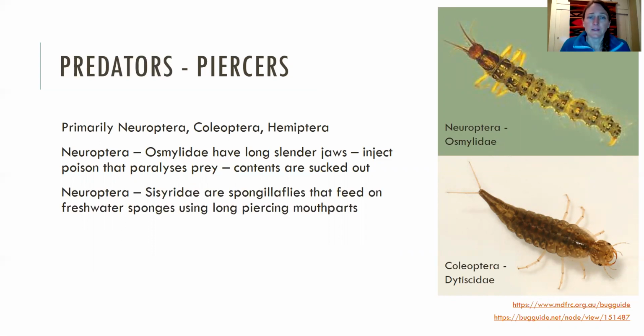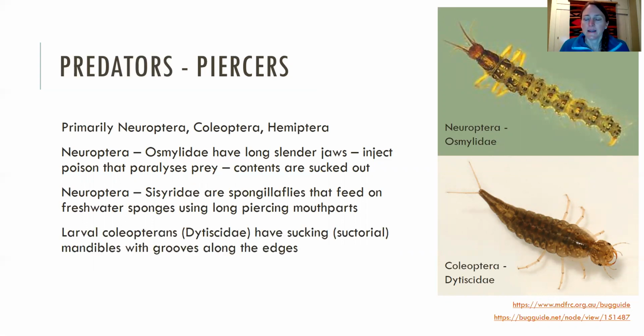There's also the spongilliflies in the family Sisyridae that feed on freshwater sponges, also using long, piercing mouth parts. And this Coleoptera, this beetle larva, Dytiscidae, has sucking or suctorial mandibles with grooves along the edges. So it bites in and then it can suck through these grooves in the mandibles.